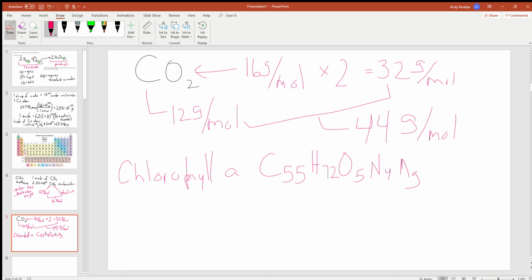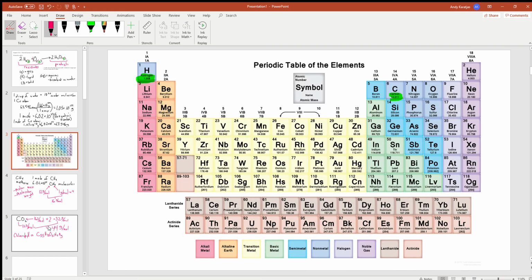Now, at first, this one is going to look a lot harder than the last two we've just done. But in reality, it's the same steps. There's just more of them. And so all we have to do is go through the same set of steps, and we will again get to our answer. So we need carbon and hydrogen again.